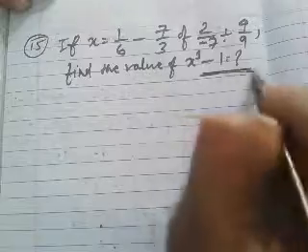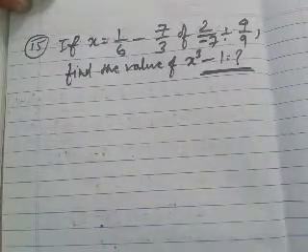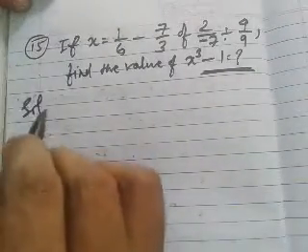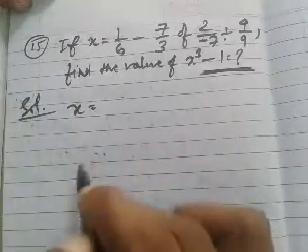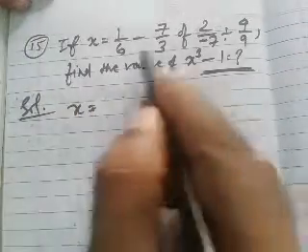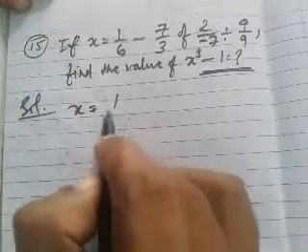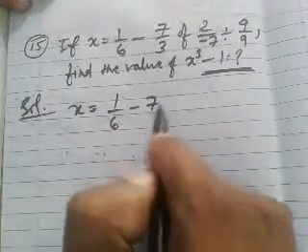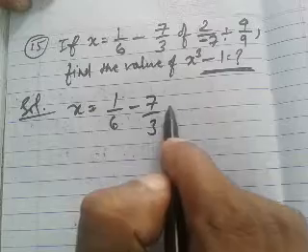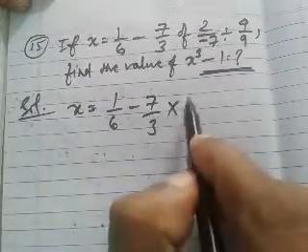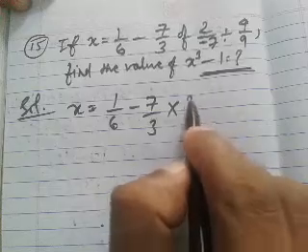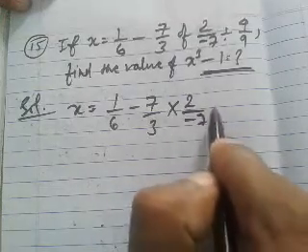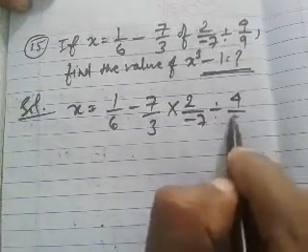This value we have to find in this question. So first of all, start with the value of x and evaluate x from this expression. So x is equal to 1 by 6 minus 7 upon 3 of 2 upon minus 7 divided by 4 upon 9.